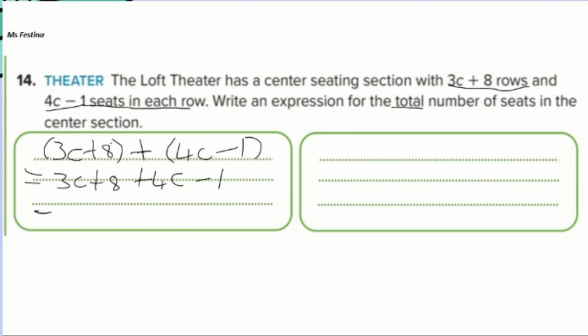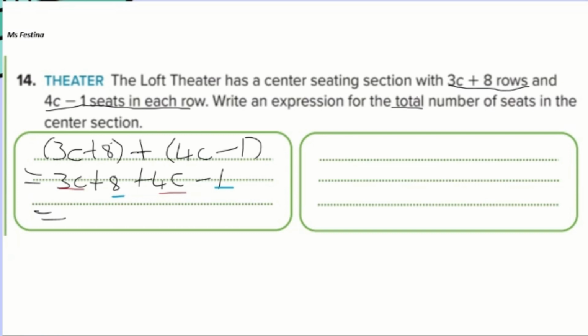Then I'm going to group my like terms. So I have 3c and 4c, they are like terms. And then I have 8 and 1, they are also like terms.